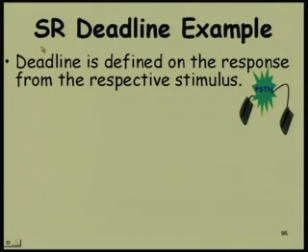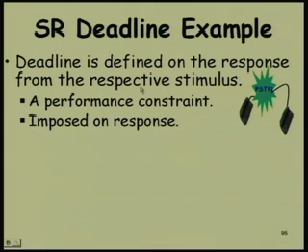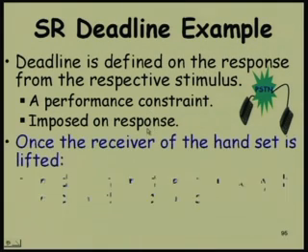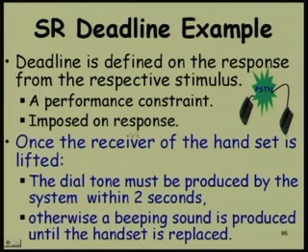Now, let us look at the example of a, okay, I think because the other slide was mixed up, maybe this is also mixed up. So, let us see this. This is a deadline example of a response from the stimulus. Okay, if the deadline is on the response, it will be a performance constraint and will be imposed on the performance. Now, let us look at the example. So, the receiver handset is lifted. This is a stimulus event, is not it?